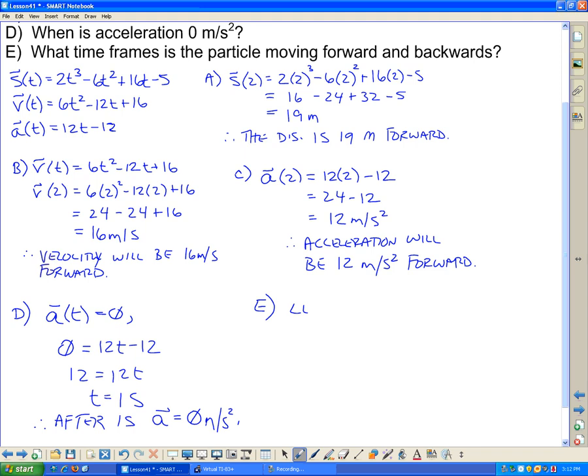We are going to let our velocity expression equal 0 meters per second and solve from there. So 0 equals 6t squared minus 12t plus 16. We can pull a 2 out of it, so we're left with 3t squared minus 6t plus 8.